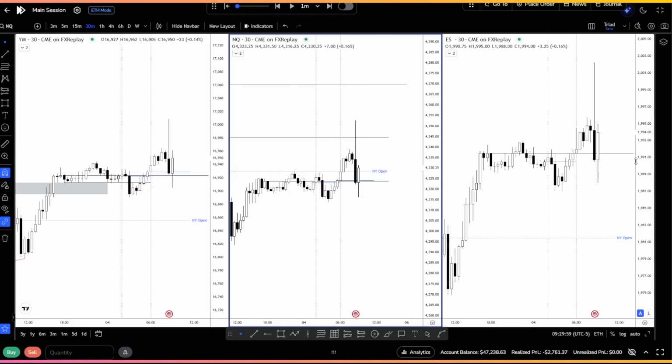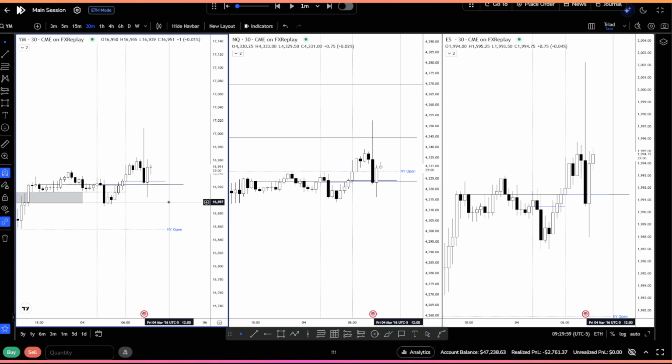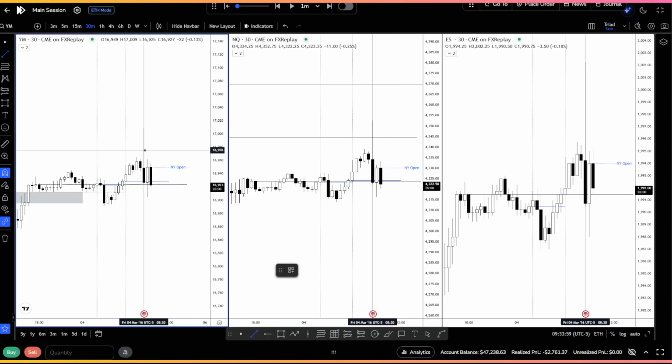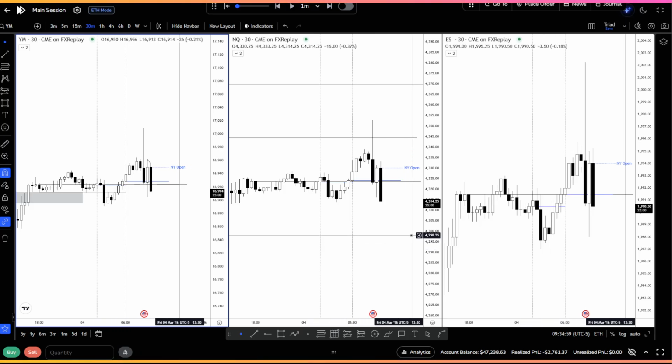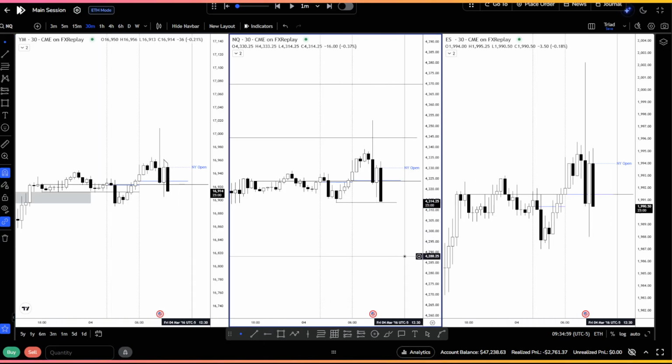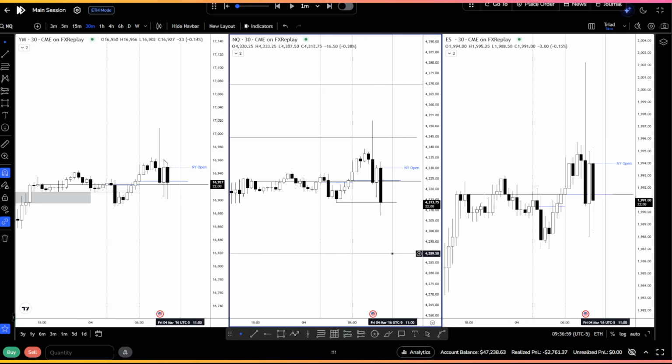We take the low. There is no SMT as such. Let's move forward. We do have SMT around here. But I'm not looking for lower prices, even if it's Friday.